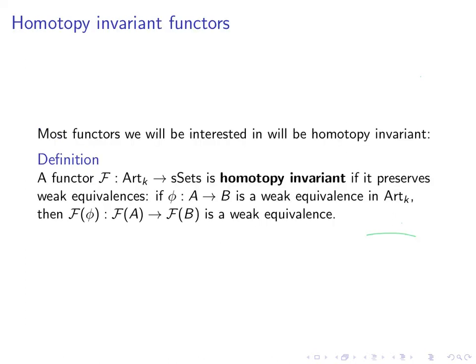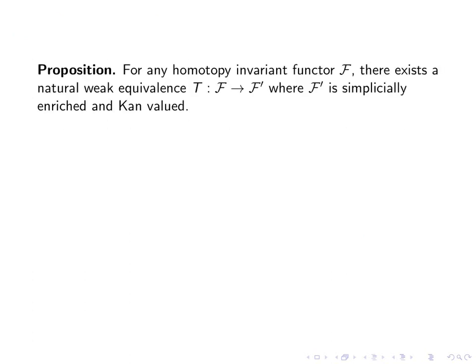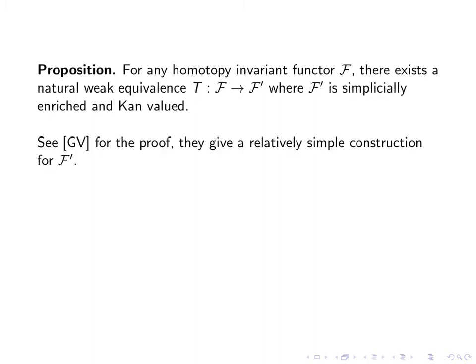Most functors we will be interested in will be homotopy invariant, which means that if A to B is a weak equivalence of Artin rings, then F(A) to F(B) is a weak equivalence. For any homotopy invariant functor, there exists a natural weak equivalence from F to F', where F' is simplicially enriched and Kan valued. See Galatius and Venkatesh for a proof; they give a relatively simple construction.